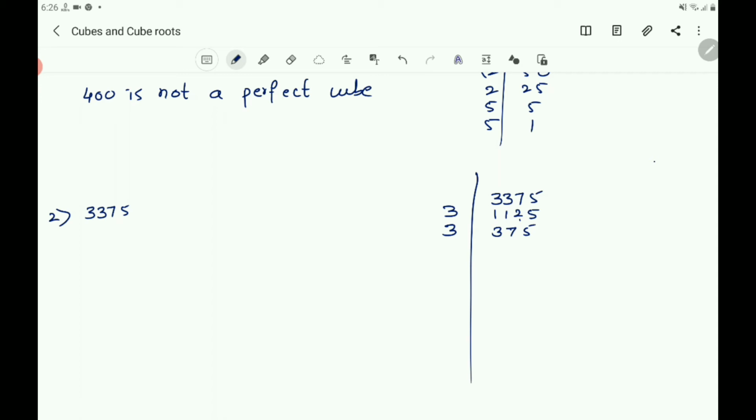Next again 3 plus 7 plus 5 is 15, divisible by 3. So you divide it by 3: 3 ones are 3, 3 twos are 6, 3 fives are 15. Next it is not divisible by 3, so you divide it by 5: 5 fives are 25, 5 ones are 5.